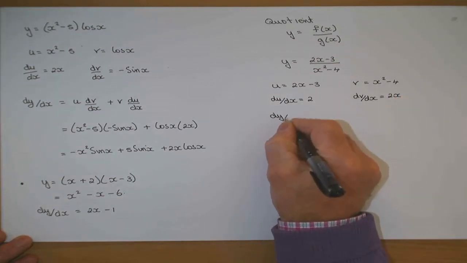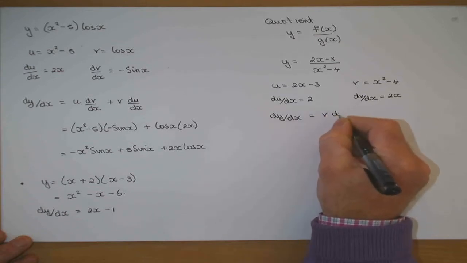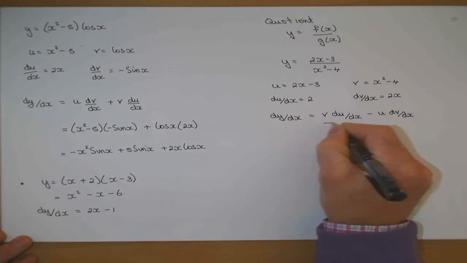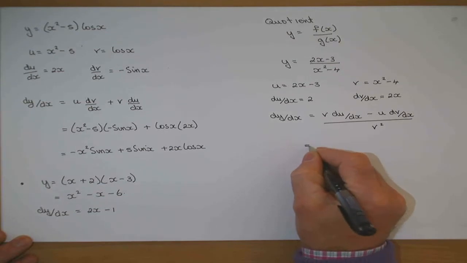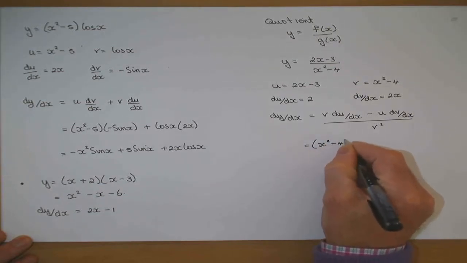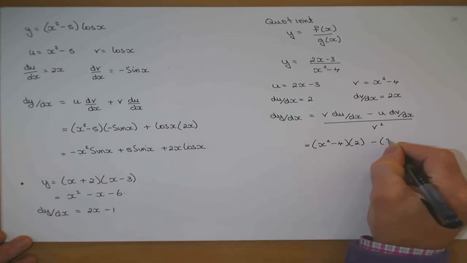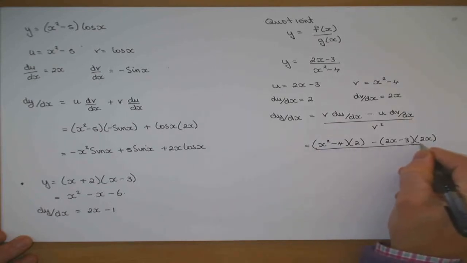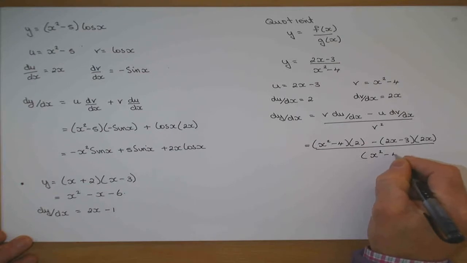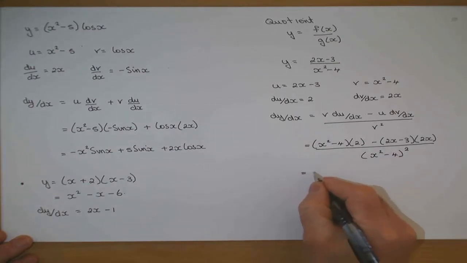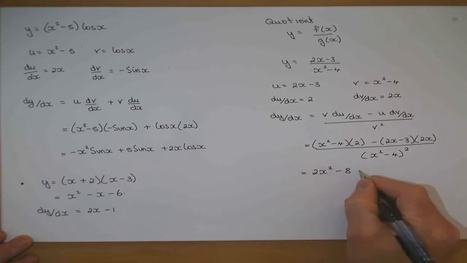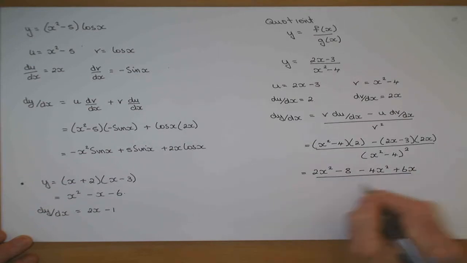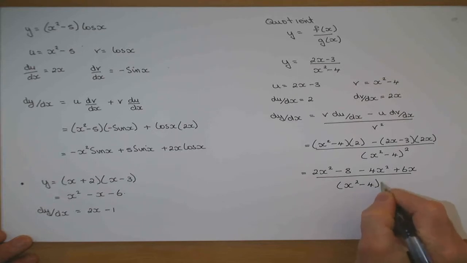And then dy dx, the quotient rule, is v du dx minus u times dv dx all over v squared, which is x squared minus 4 times 2, minus u, 2x minus 3, times dv dx, 2x, all over v squared, x squared minus 4 squared. 2x squared minus 8 minus 4x squared plus 6x all over x squared minus 4 squared.